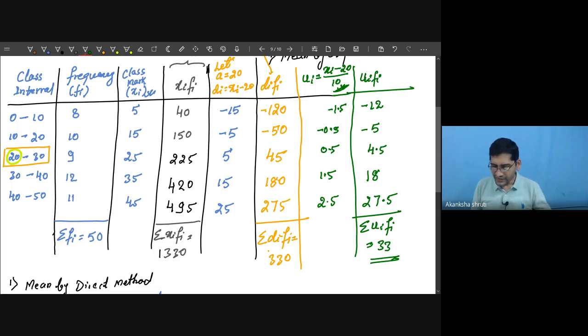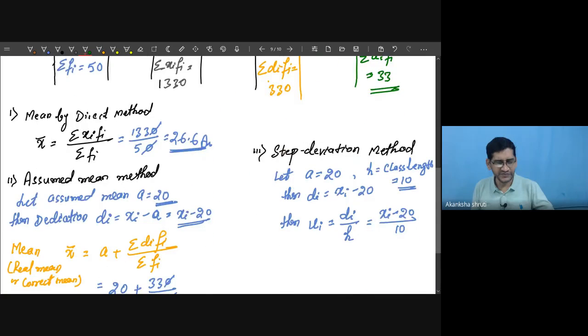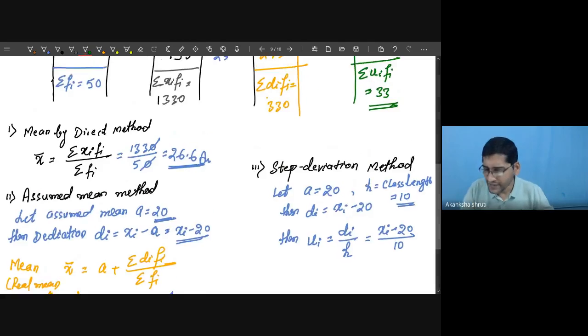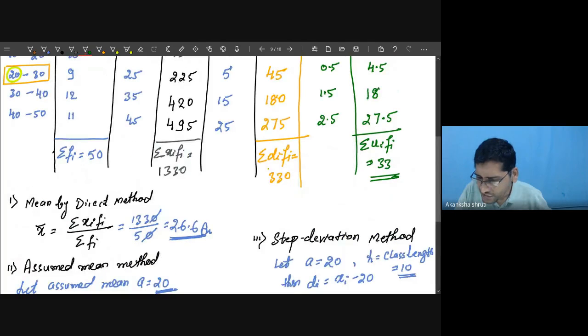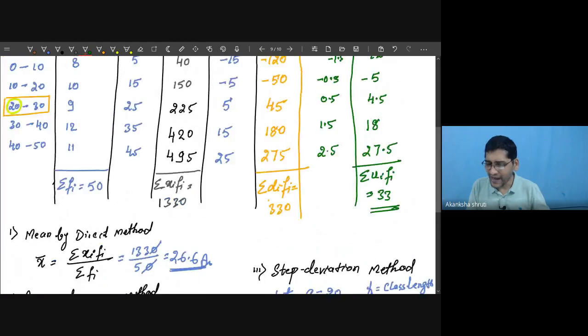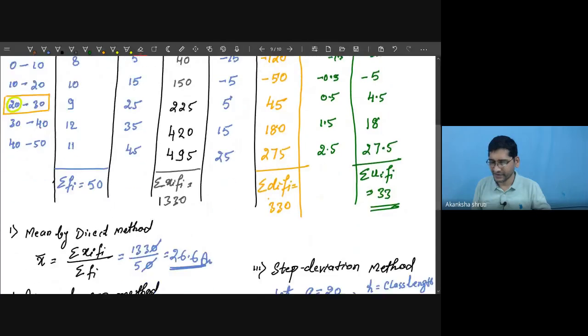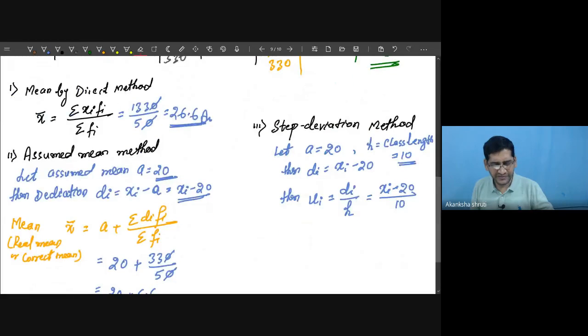Now in this step deviation method, the required formula is: summation of ui fi divided by summation of fi has to be multiplied again by the h that we have taken here.